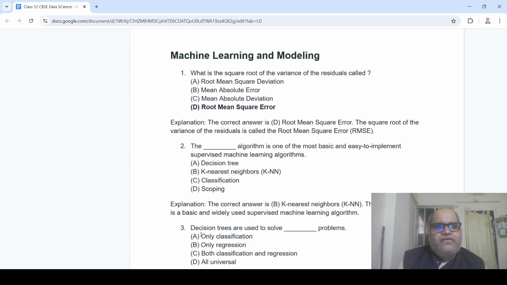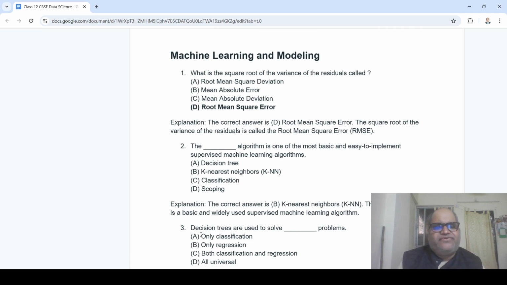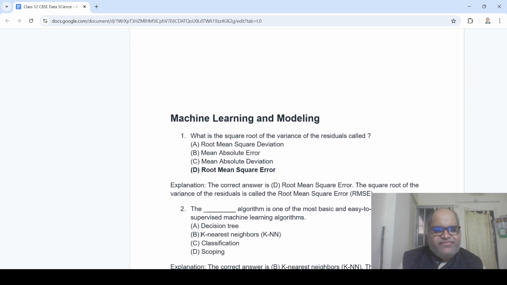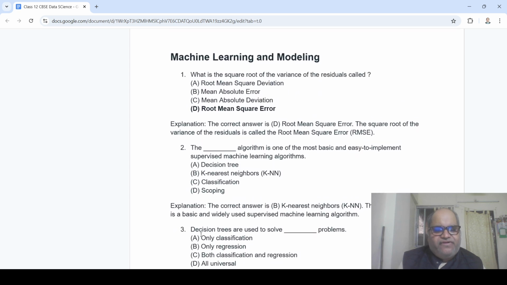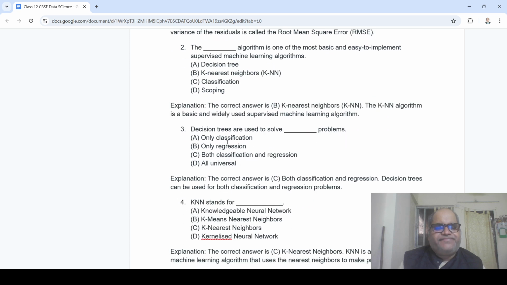Okay, what is the square root of the variance of the residual score? We are talking about root mean square error here. Decision trees are used to solve only classification, only regression, or both? It is both classification as well as regression, right?